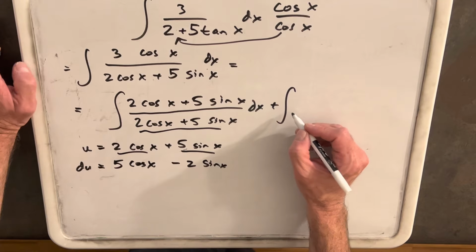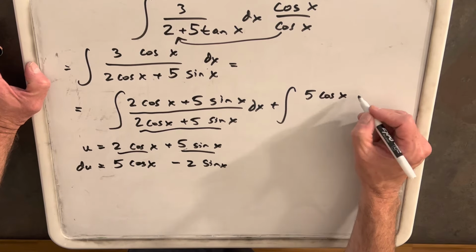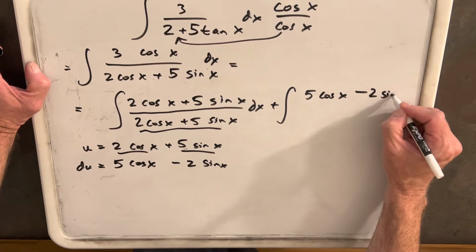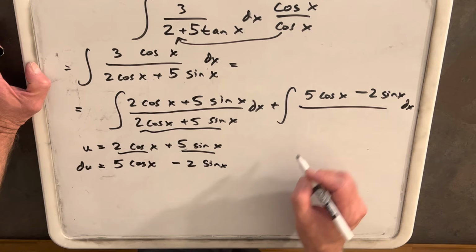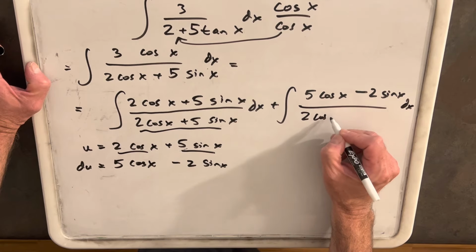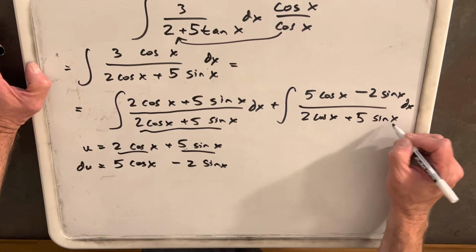So what I want this second integral to be is 5 cos x minus 2 sine x, in our dx where we have space, over 2 cos x plus 5 sine x.